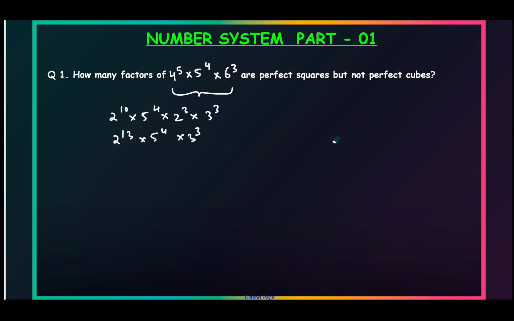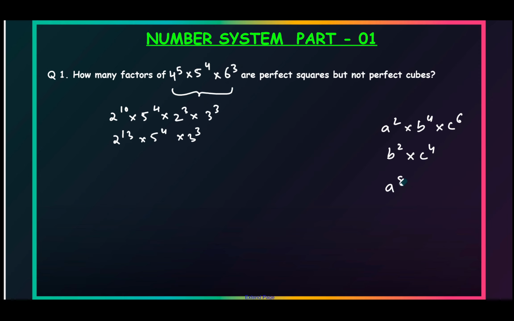Now, firstly, you have to understand what the standard form of a perfect square factor is. In these kinds of prime factorized numbers, it can be like a to the power 2, b to the power 4, c to the power 6, or b to the power 2, c to the power 4, or an individual number such as a to the power 8.